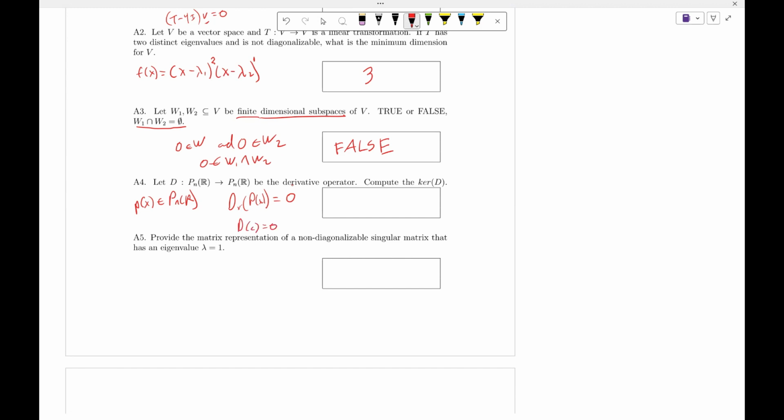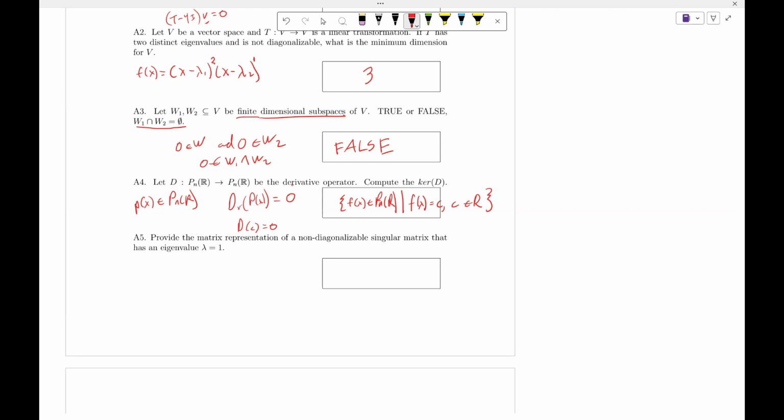So it's anything times the constant. So it is the set of f of x in Pn(R), real polynomials, such that f of x is equal to some constant where the constant is in R, or it's just our constant polynomials.